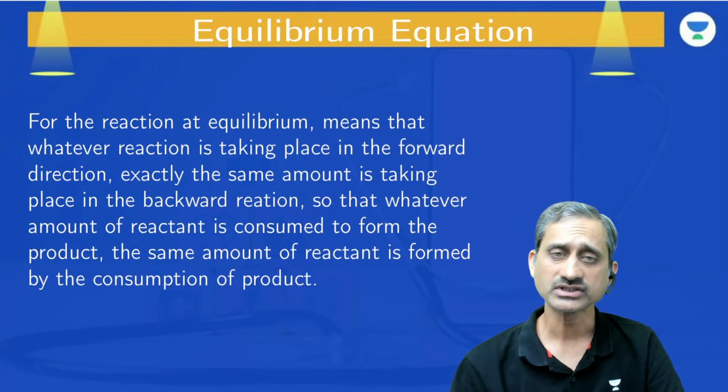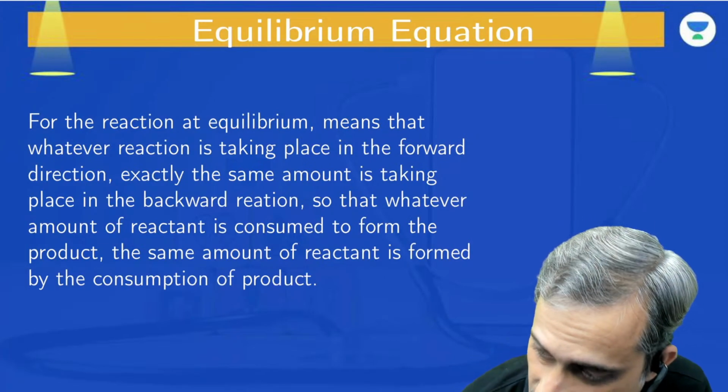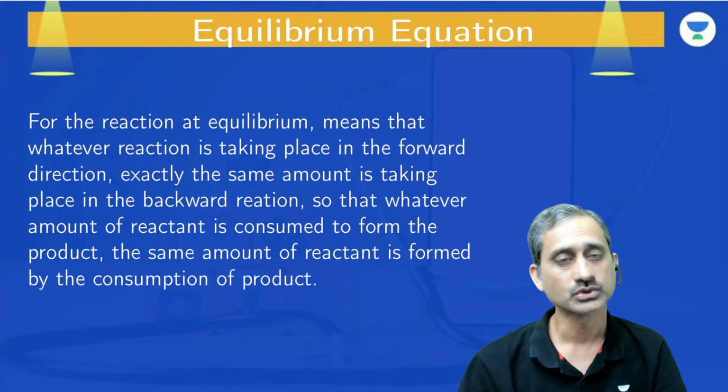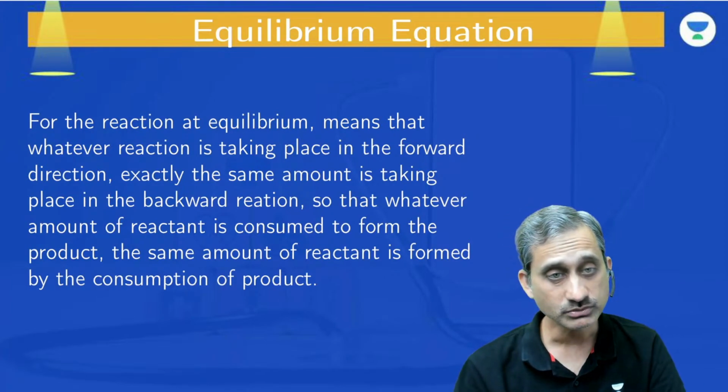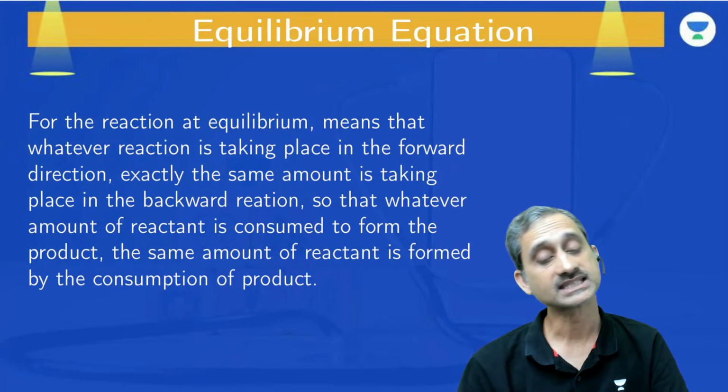When we say the reaction is at equilibrium, it means that whatever reaction is taking place in the forward direction, the same reaction is taking place in the backward direction as well. So whatever amount of reactant is consumed to form the product, the same amount of reactant is formed by the consumption of product.